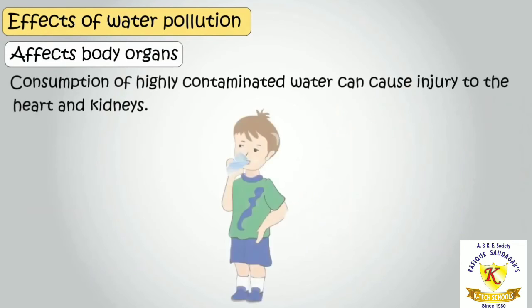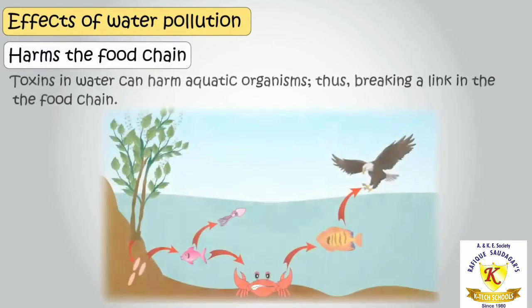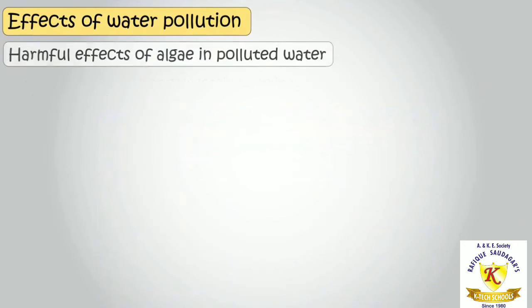That affects our organs. Consumption of highly contaminated water can cause injury to heart and kidneys. Toxins in water can harm the aquatic organisms, thus breaking a link in the food chain.